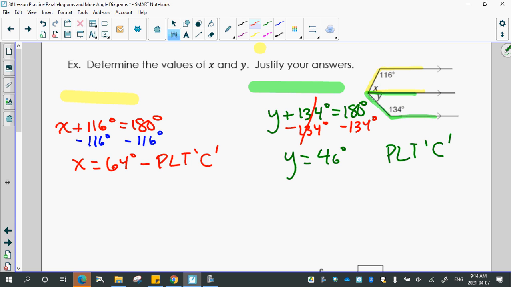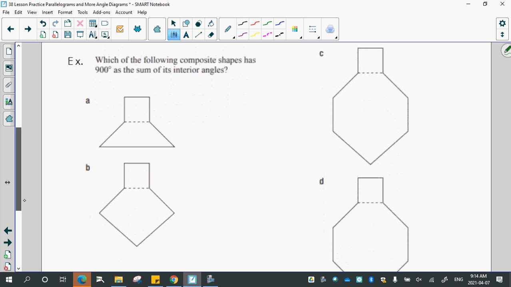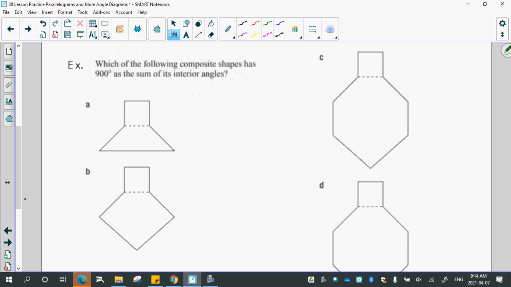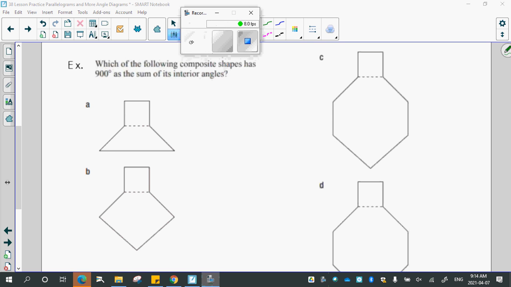Okay, the next one threw people for a loop, and it was on QAO. Which of the following composite shapes has 900 degrees as the sum of its interior angles? So I'll give you some time to try that one, and then we'll see who's got what right.